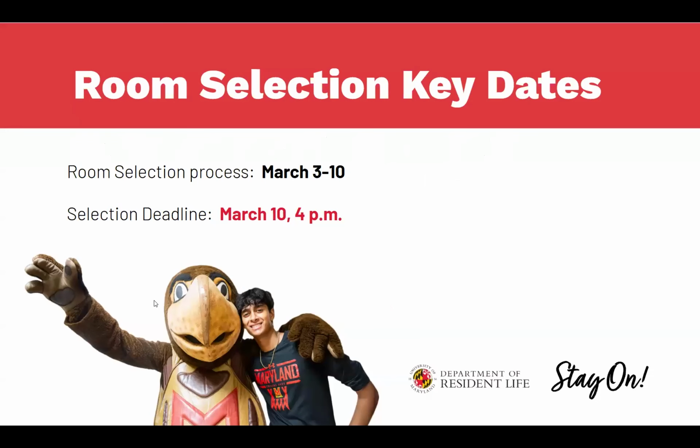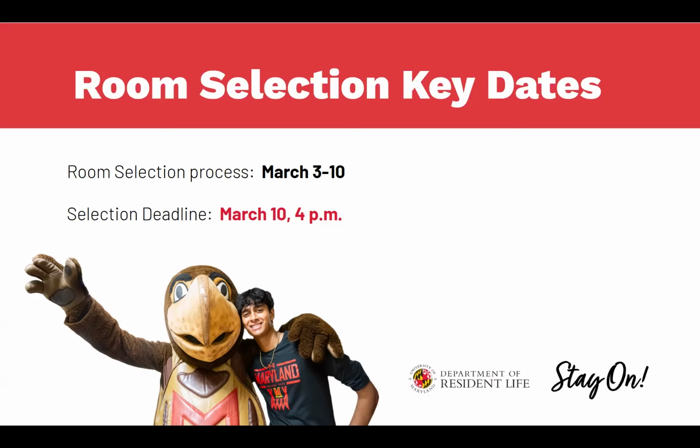So I do want to highlight two key deadlines, two key timelines when we're talking about room selection. So this process will begin on March 3rd and run through March 10th. What's really important for you all to take away today is knowing that the deadline to select a space for next academic year is March 10th at 4 p.m. So please secure your space, pick a unit, pick a room by 4 p.m. on March 10th.